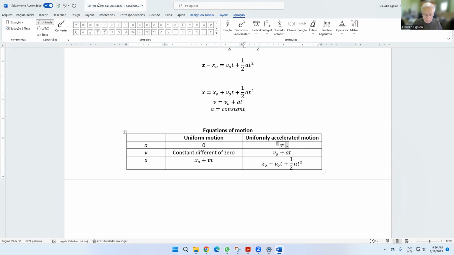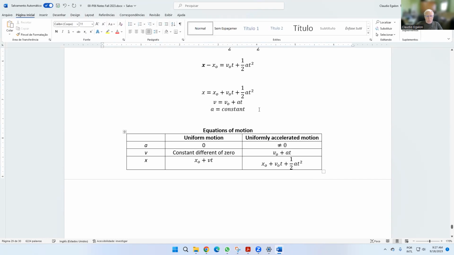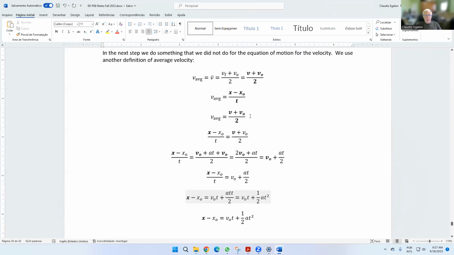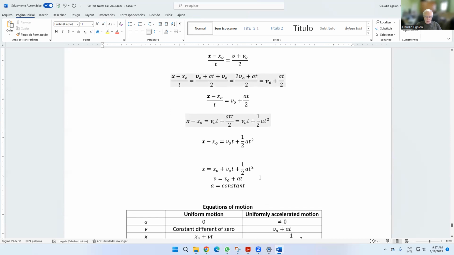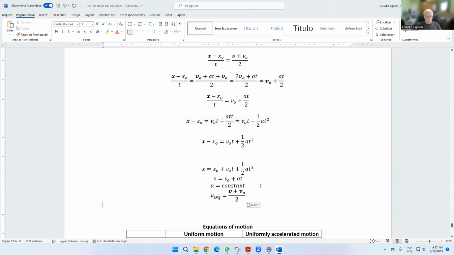Here you go, difference of the zero sign. Better, right? If you have a hard time, there is one more equation. I'm going to put another equation right in here that was very useful in the derivation of this one here.